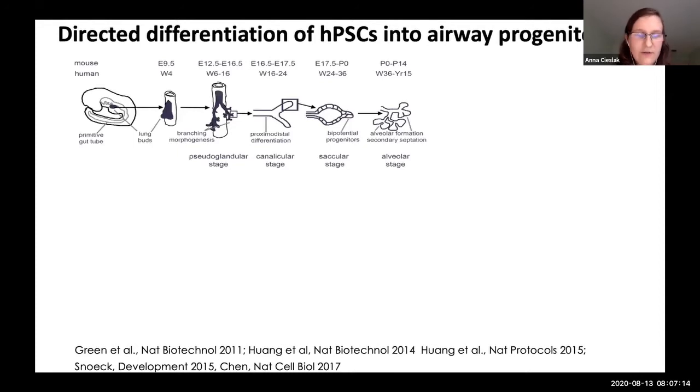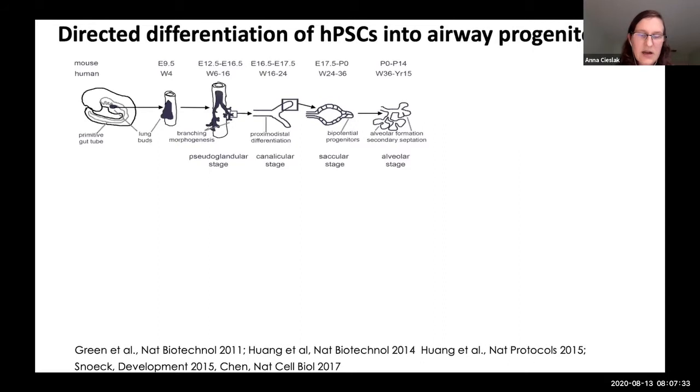Both processes are further defined by specific cellular and tissue development events, such as proximal-distal patterning of the endoderm and mesenchyme to specify large and small airways, branching morphogenesis, and the airway and postnatal alveologenesis.